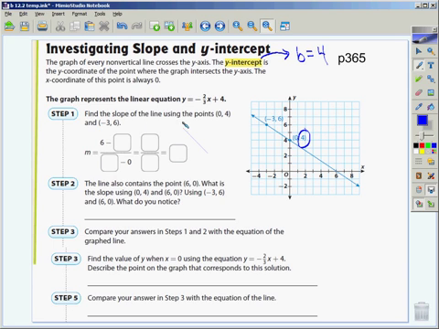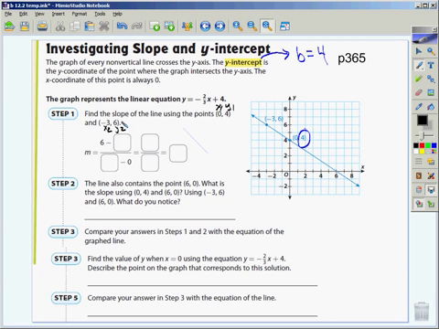It says find the slope using these 2 points. If these are my 2 points, then I'm going to let this be x1, y1, and this be x2 and y2.